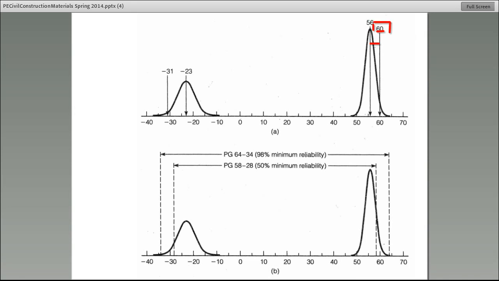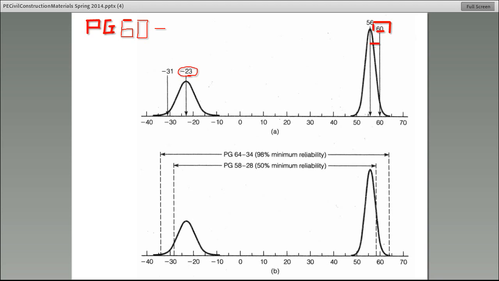What we're doing is we're designing PG for 98% reliability. So the first number is 60. What about the second number? Well, the second number, again, 2 standard deviations away from minus 23.